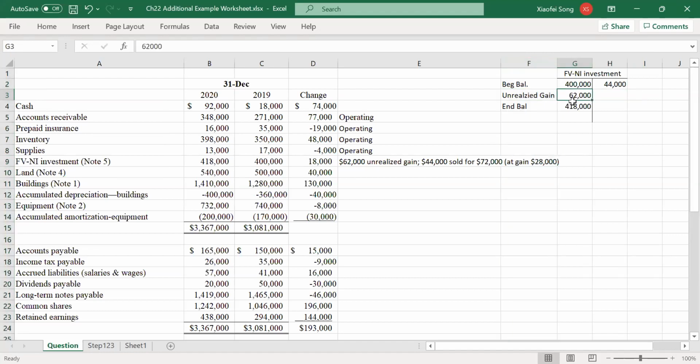And this number is a plug because we know the rest. We also know there is a sale, so the cost of fair value net income investment sold.